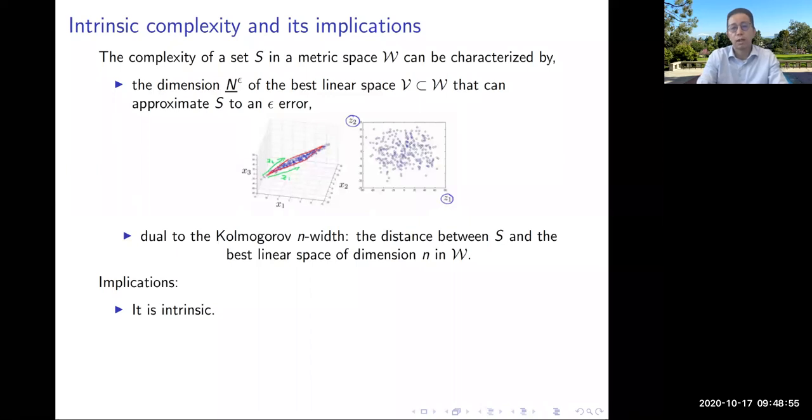But this dimension, this intrinsic characterization, doesn't depend on orthonormal transformations. Also, it's the best linear space, so you have to use the best representation. If you happen to have the wrong one, it doesn't mean anything. So it's really intrinsic: how rich the set is, using the best linear space approximation or best representation.